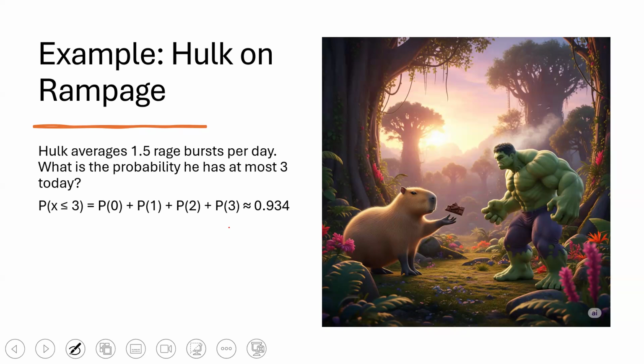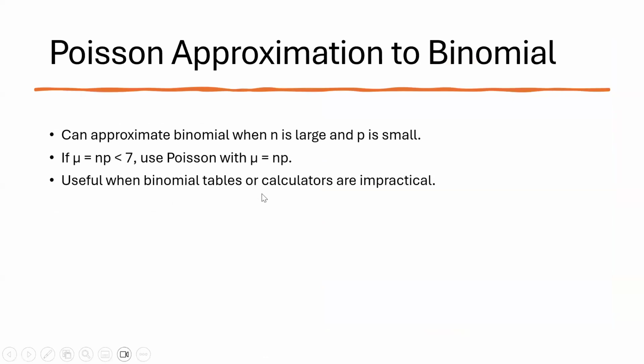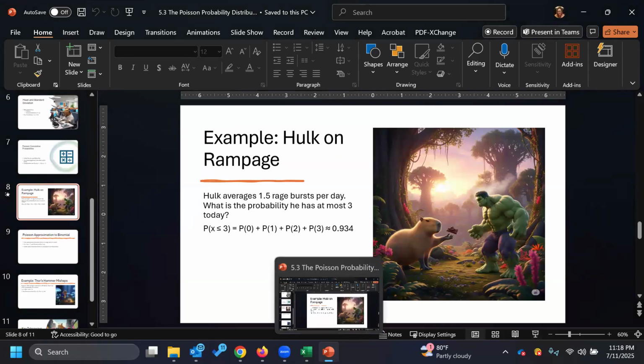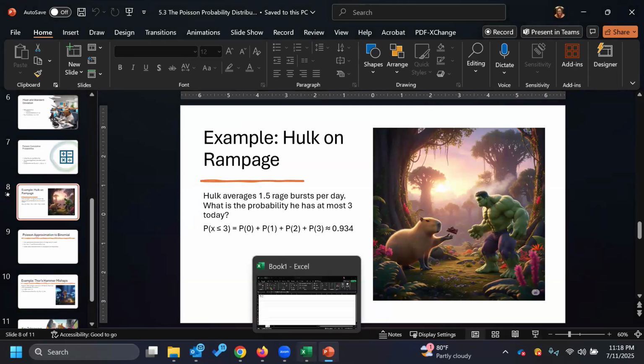0.934. We could also do it a lot faster using the cumulative probability function in Excel. Let's go back to Excel again. What do we have? We have our k is 3 and our mu is 1.5.